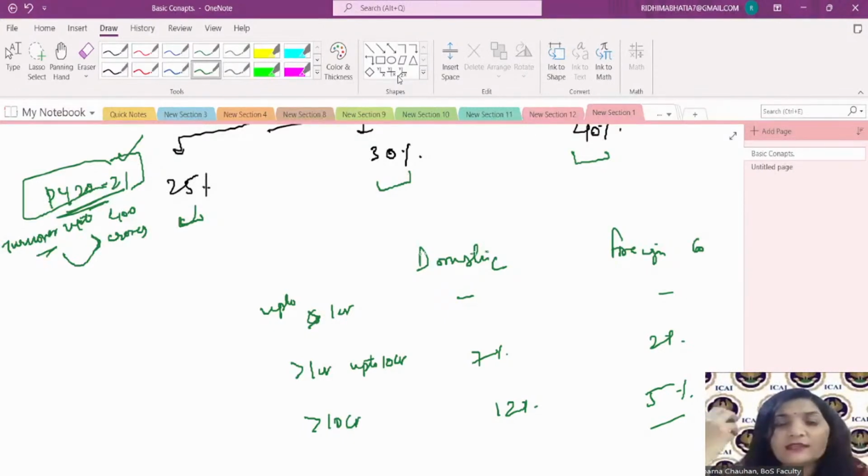Certain basic concepts ma'am already explained to you in the last class, like the Income Tax Act, income tax rules, Finance Act, assessment year, previous year. There are these terms which you have never studied before, right? You are knowing these things first time.